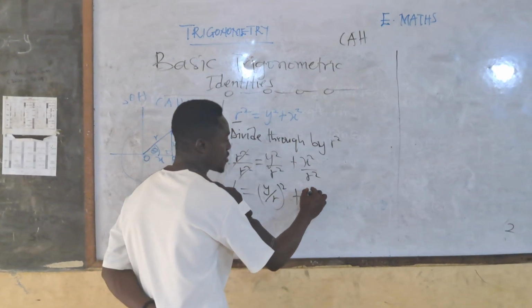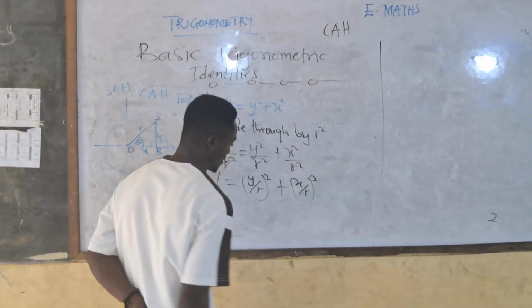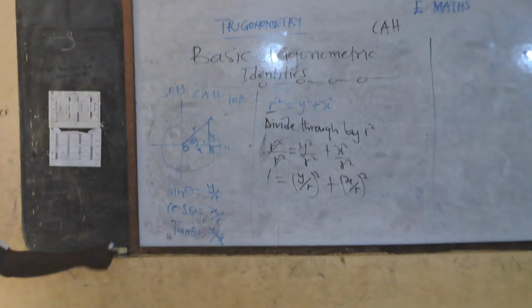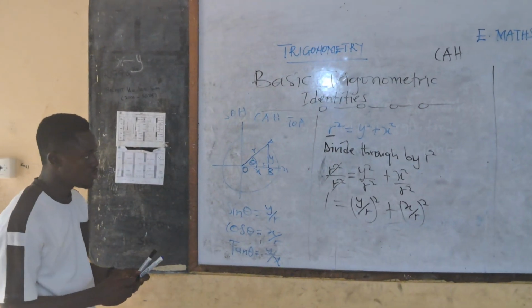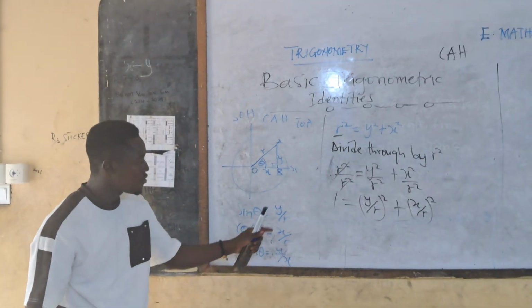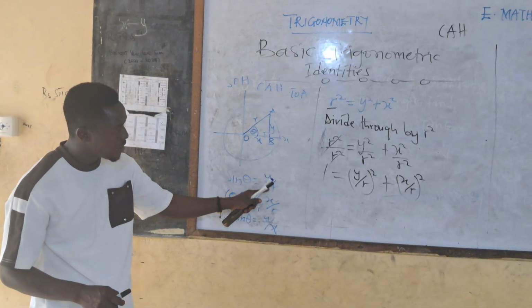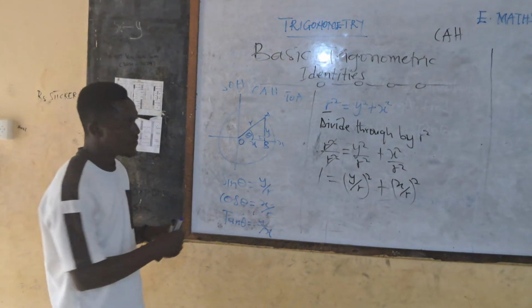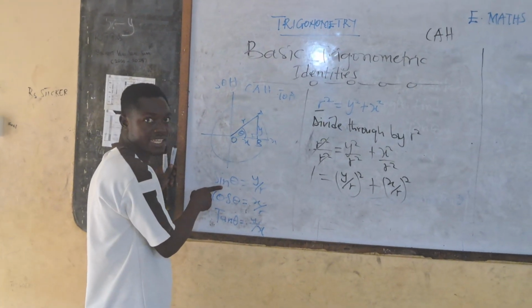Then we go back to our basic ratios. Y over r is what? Sine. Whenever we see y over r, we put sine theta.